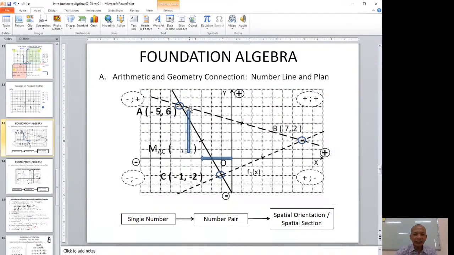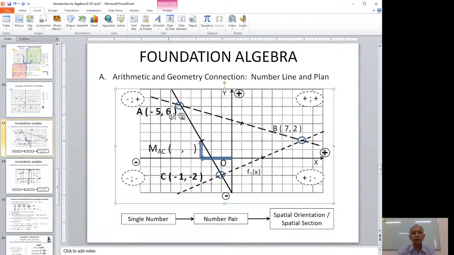For y, the y coordinate of the middle point of A and C is 1 grid up, 2 grids up, so it's plus 2.